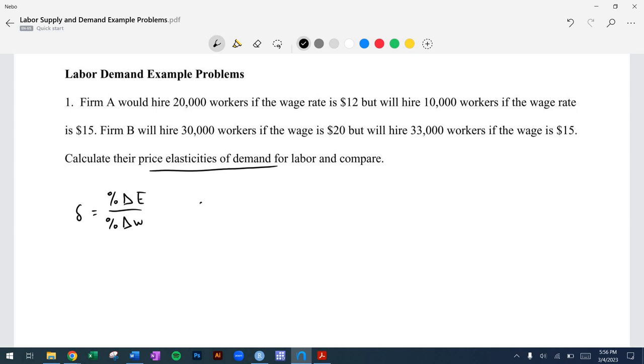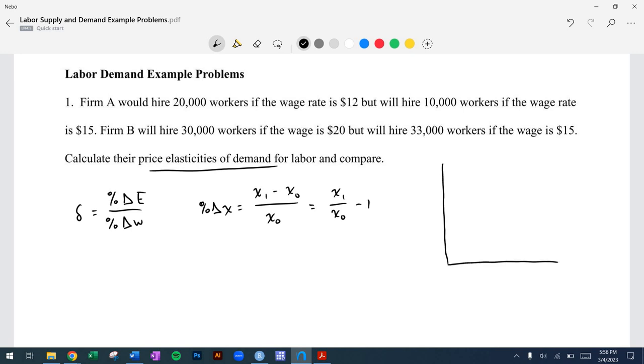And to calculate those percent changes, if we have a percent change in X, there are two ways to do it. We could do the difference over the original, or the end point over the beginning point, minus 1. So those are the formulas we'll need.